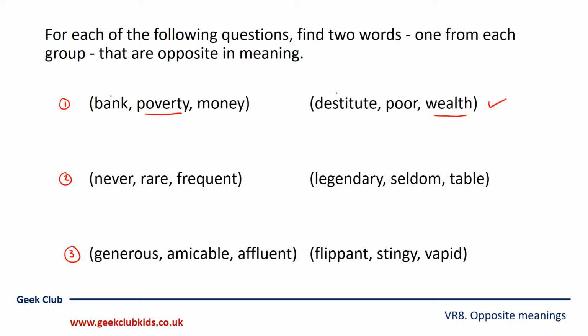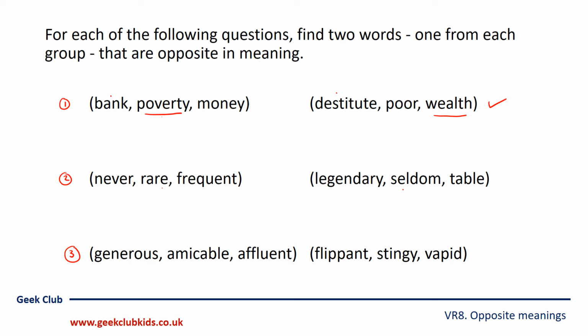Let's try number 2. Never and legendary. Well, they're not similar at all. Never and seldom. So seldom means something that doesn't happen much. So never and seldom are pretty similar. They're certainly not opposite. Never and table. No, they're not the opposite. Rare and legendary. No. Rare and seldom. No, they mean similar things.